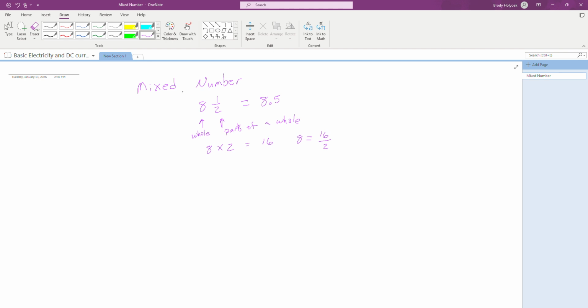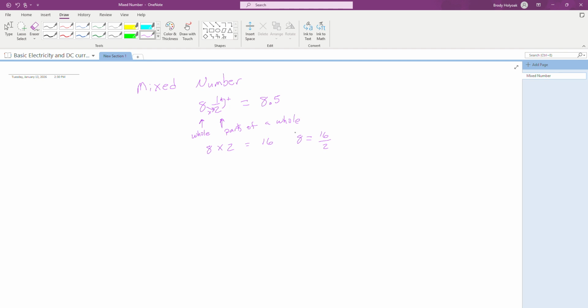And when I have this mixed number, I'm going to first do that multiplication, so 8, my whole, times my denominator, 2, is 16, and then I'm going to add that to my numerator, which is on top, and then I'm going to put everything over my parts.